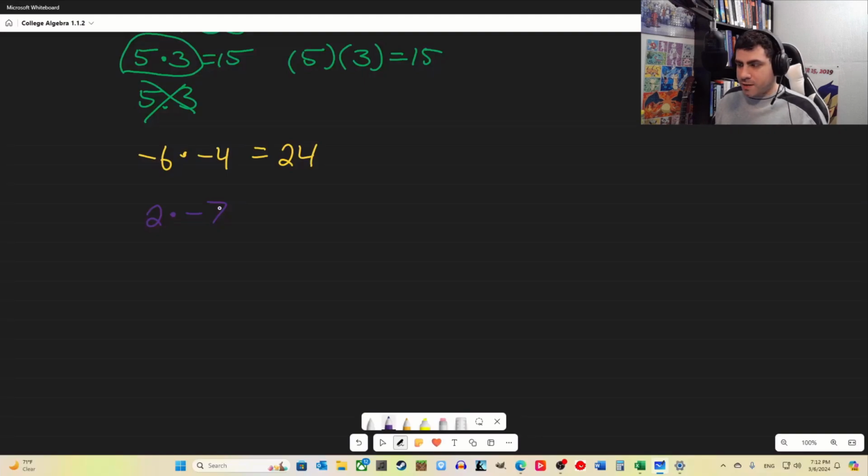When you multiply any group of numbers, and one of those numbers has a negative sign, you will end up with a negative number. 2 times -7 will equal -14.